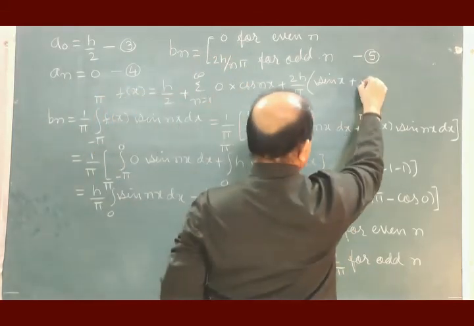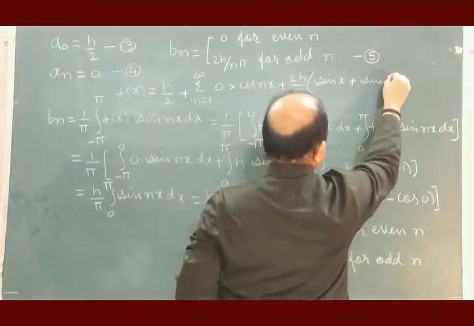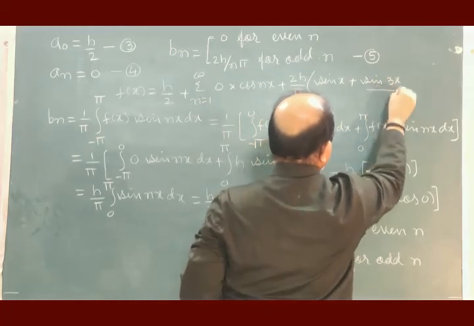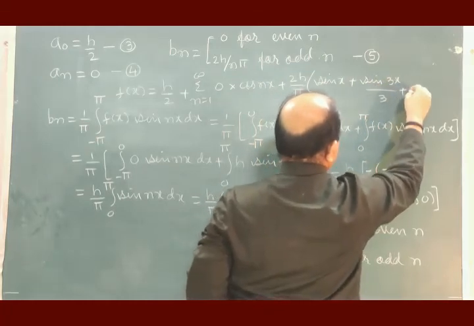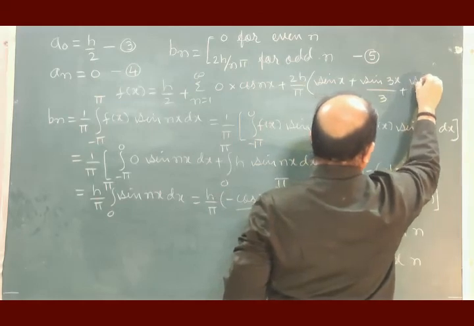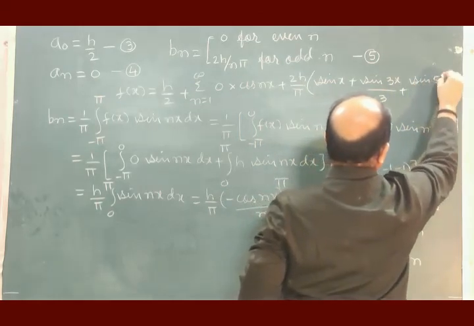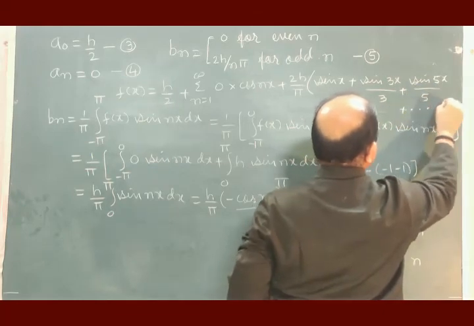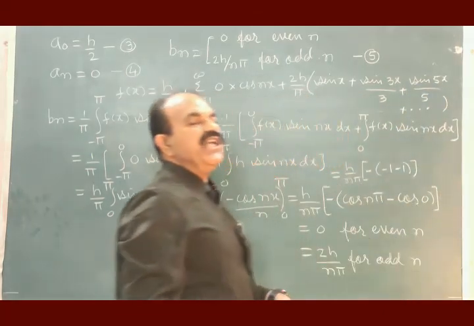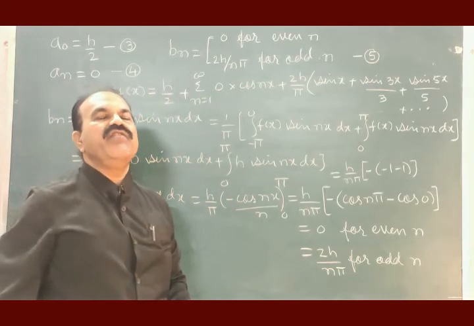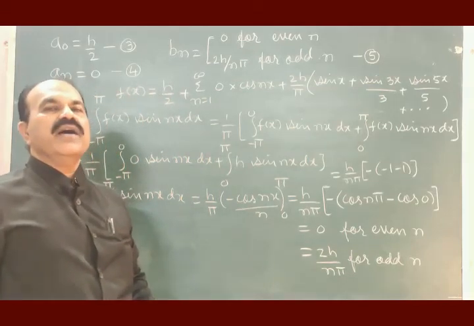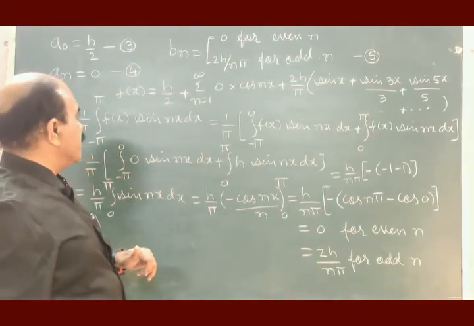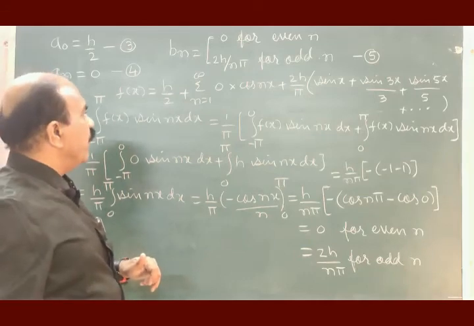Next will be sin 3x divided by 3 plus sin 5x divided by 5 plus continued till infinity for odd integers.